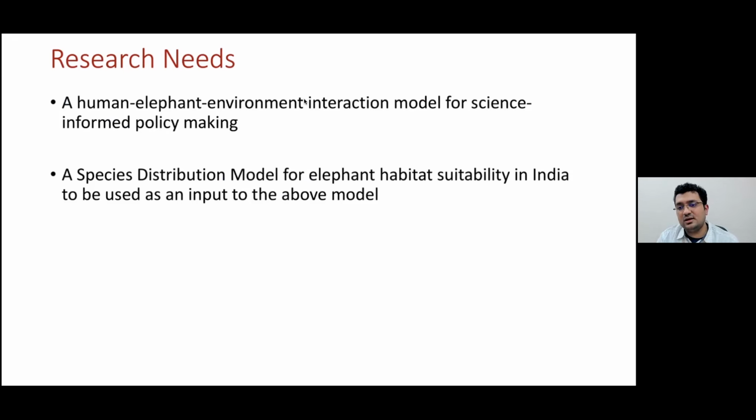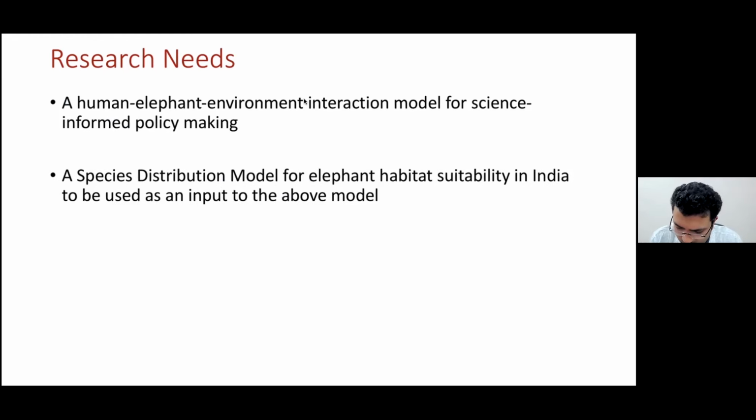And then try to see if a reinforcement learning solution or a Bayesian consensus solution can emerge out of it as a data-driven policy. So as a first step of that, we needed a species distribution model for elephants. So that's where we use this random forest to do that.